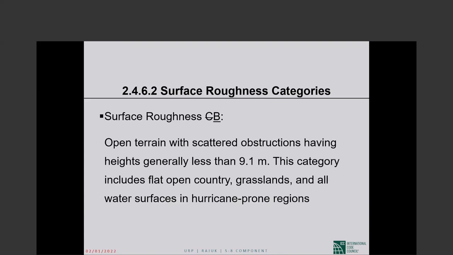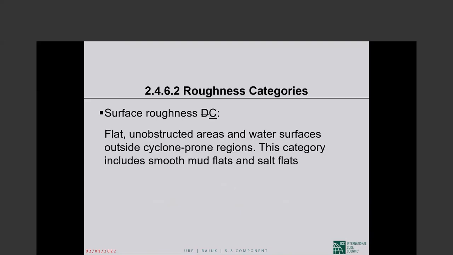Category A is suburban. B is flat open country, grasslands, and wind coming over the water in cyclone-prone regions. Okay, that again has explanation, but I do not have time to go into that level of detail.